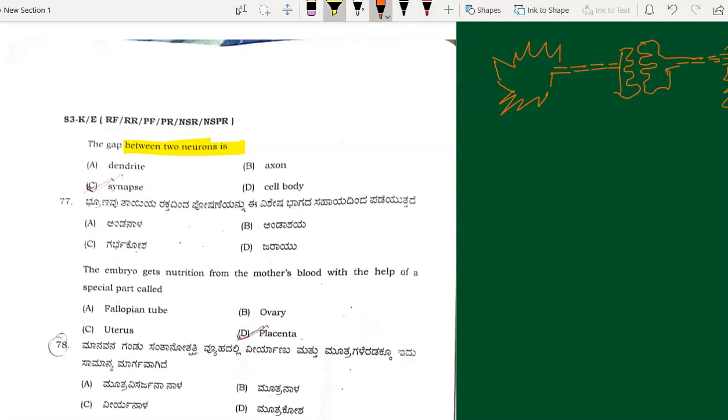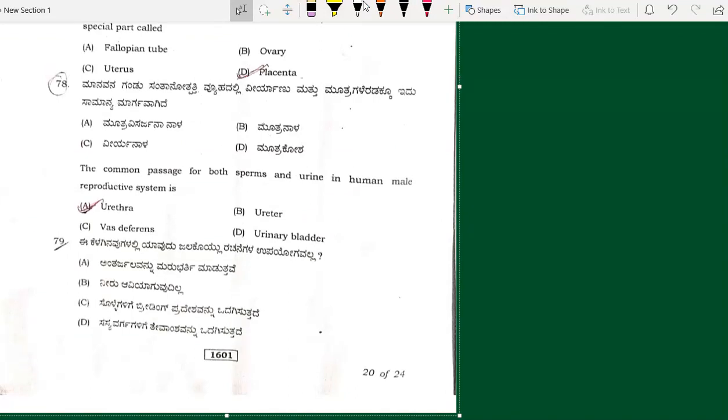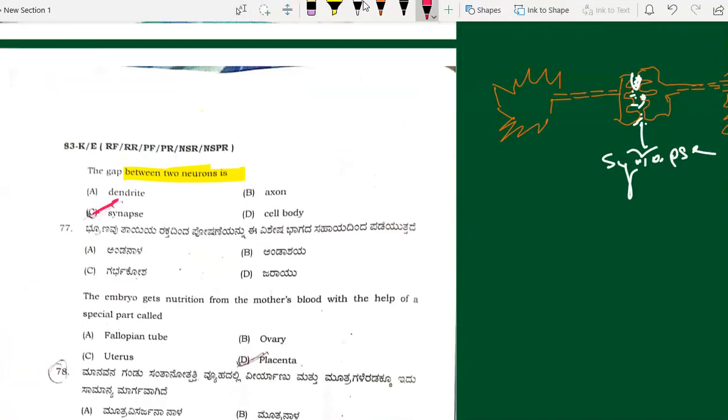So this gap, where the neurotransmitter chemical is released, is called synapse. Okay, so the answer is synapse.